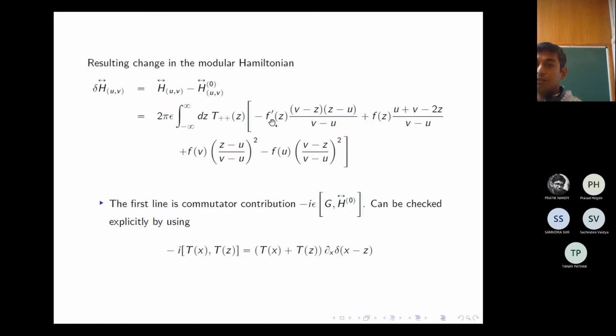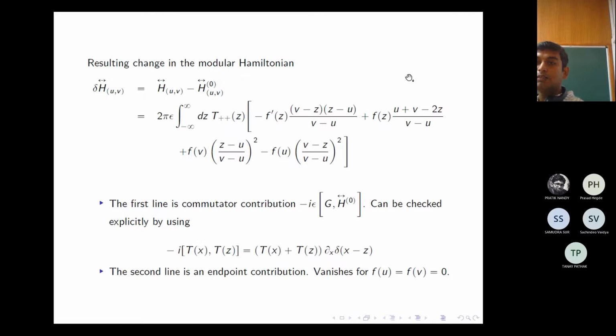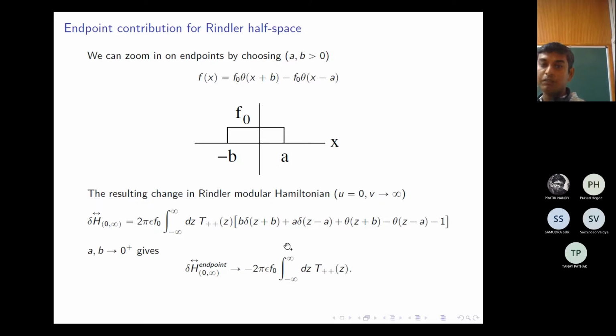This f prime piece will give you some delta functions, but this will have some b and a associated to it. So when you take a and b to 0, they will drop. And then this -1 piece will give you this. So f prime will give you these 2 deltas, and this f of z will give you those 2 thetas, and this piece will boil down to -1, which will give you this. So it's precisely the second line of the previous slide, which gives you the endpoint or the NA operator.